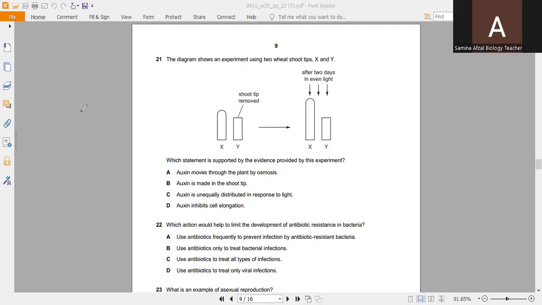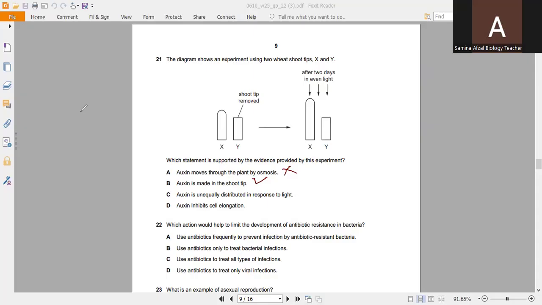Auxins move through the plant by osmosis. Auxins will not move by osmosis because it is a hormone which is directly poured into the secretion. Auxin is made in the shoot tip. Yes, auxin is produced over there. So auxin is unequally distributed in response to light.